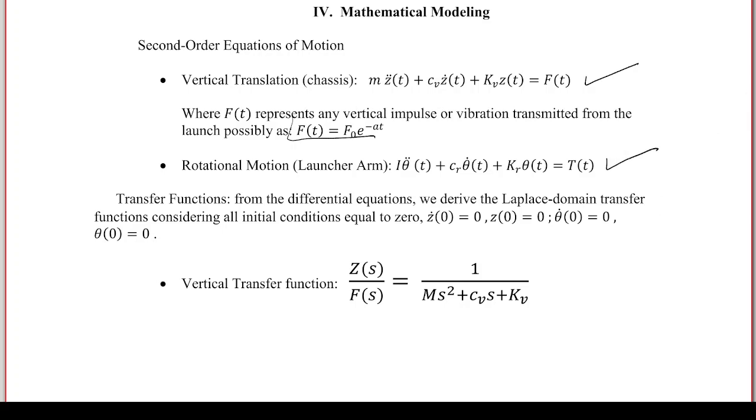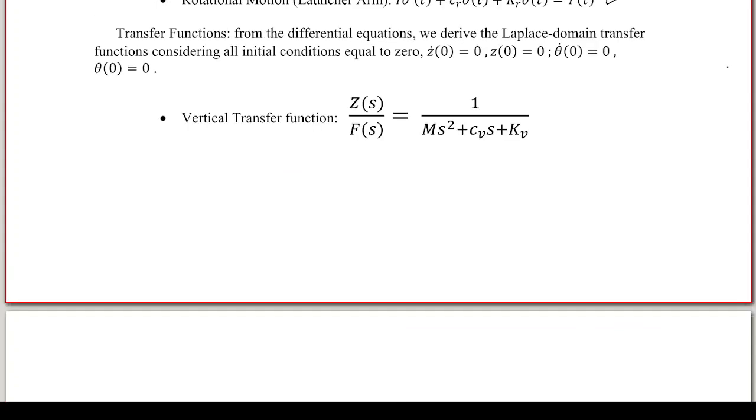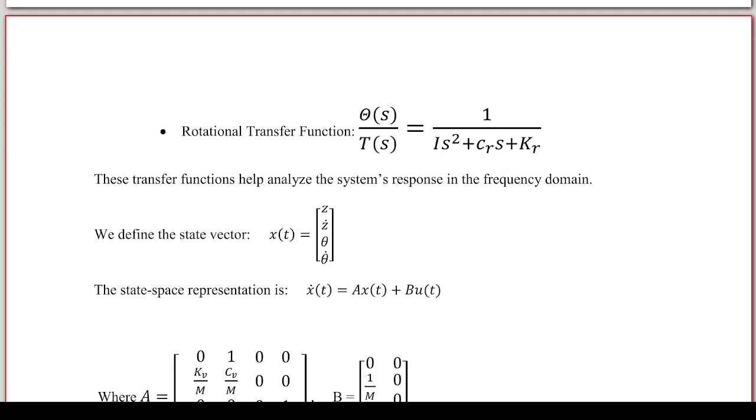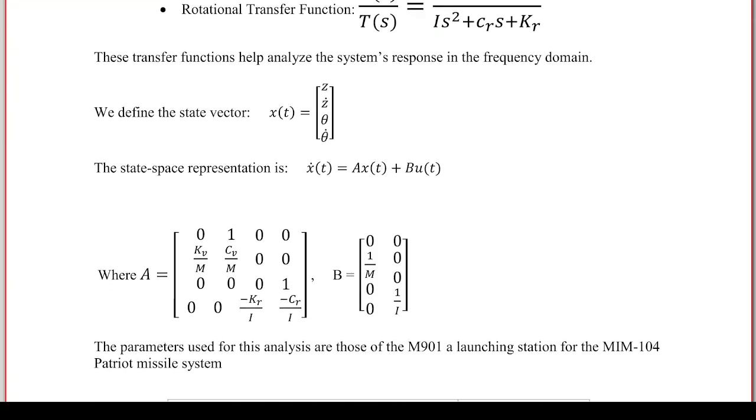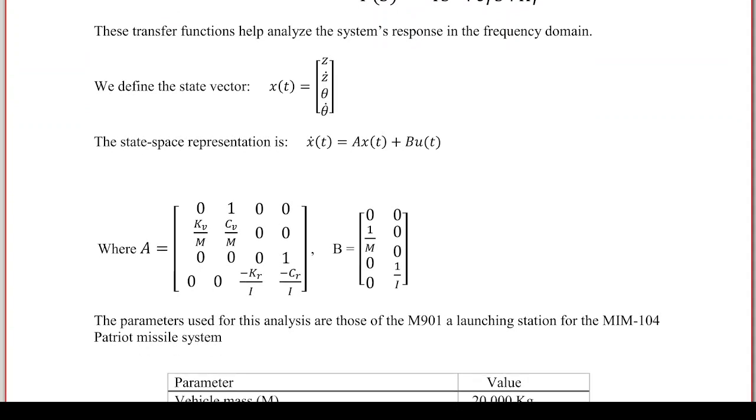From there, we tried to write our transfer function. For the transfer function, we chose every initial condition at 0, and from there we derived the transfer function. Once the transfer function was derived, as seen on the screen, we went ahead and wrote the state vector, as defined here.